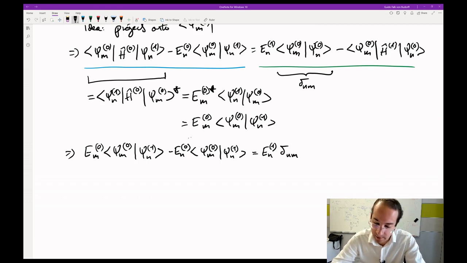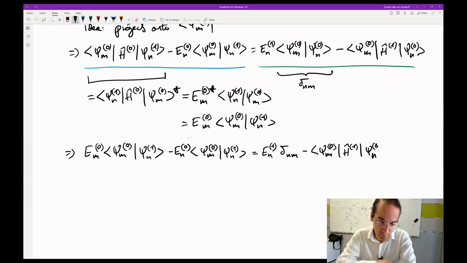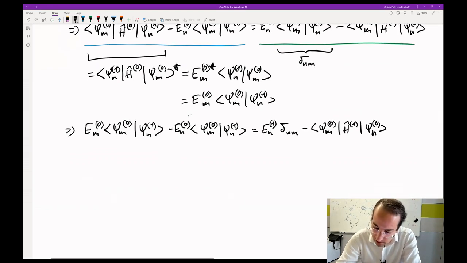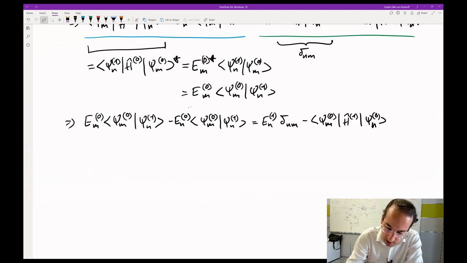so that would be delta Mn minus the last term from above, so that would be unperturbed state M times the linear perturbation Hamiltonian times the unperturbed state N. Now here the first two terms can be grouped because this one is the same as this one.